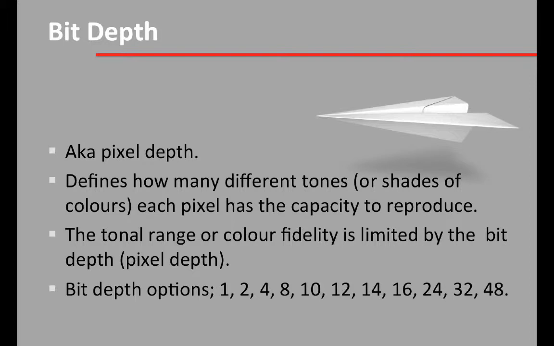RAW files are usually 16-bit, although they're more likely really 14-bit, but we certainly process them at 16-bit. This is one of the main differences between shooting JPEG and RAW, and that's why professionals shoot RAW: the extra pixel depth you get from the bit depth of the camera. Those pixels have a much greater variation, which means a much greater tonal range in the initial capture of the image.